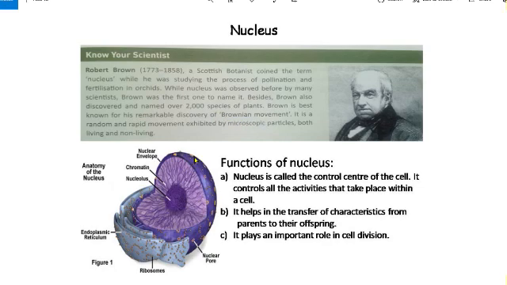Now let us see the structure of nucleus. This whole part is one nucleus, and it is the most important part of the cell. It is surrounded by a double membrane, nuclear membrane, or it is called nuclear envelope.